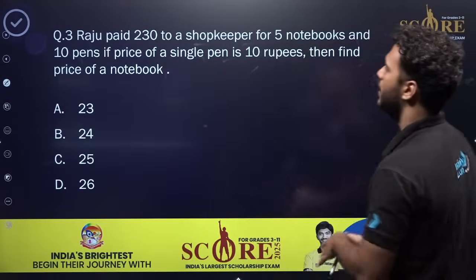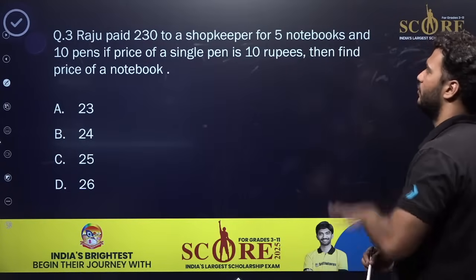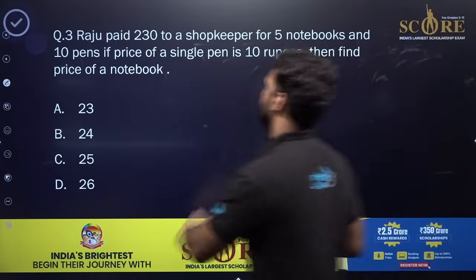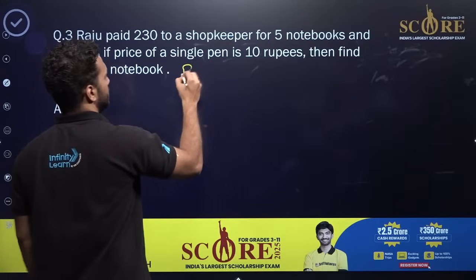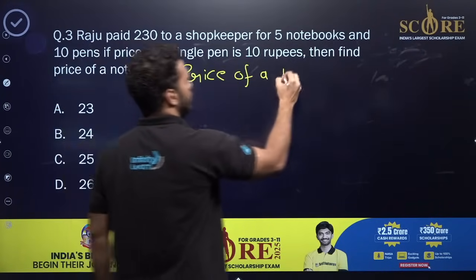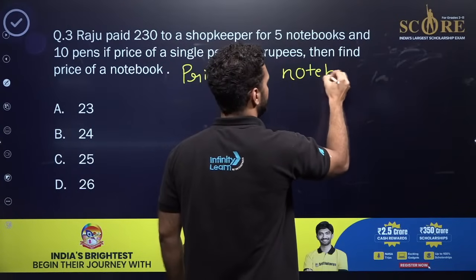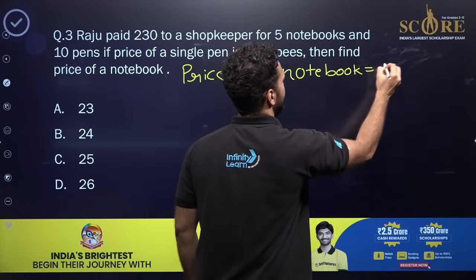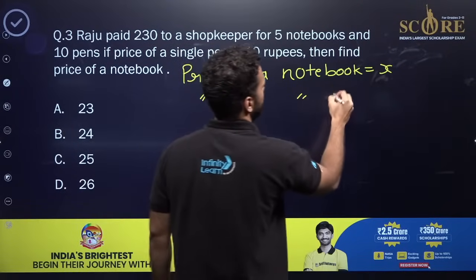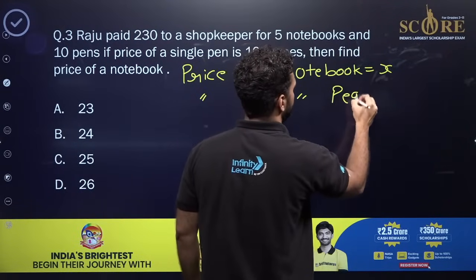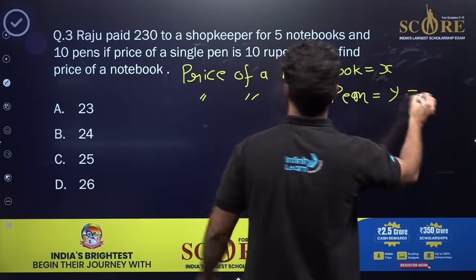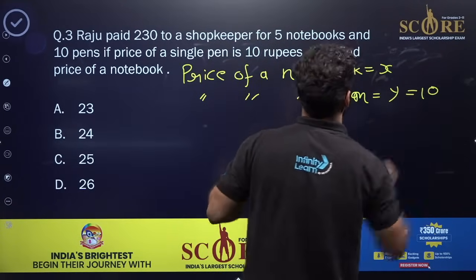Raju paid 230 to a shopkeeper for 5 notebooks and 10 pens. Okay, let's see. Take the price of a notebook as x, and the price of a pen is equal to y, which is given already as 10.